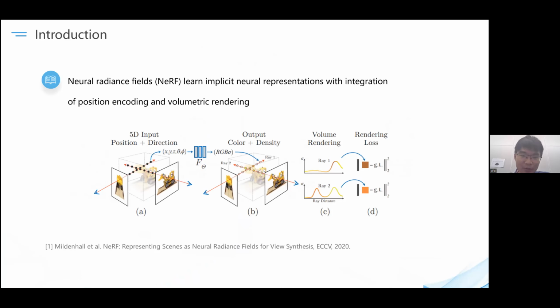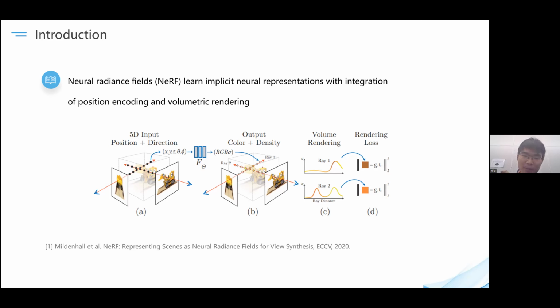So at first, what is neural rendering, or NeRF? NeRF was first proposed by Mildenhall and his co-authors at ECCV 2020. And since then, it has progressed very fast. So what NeRF is doing is like this. NeRF is trying to learn an implicit neural representation by integrating position encoding and traditional volumetric rendering all together.